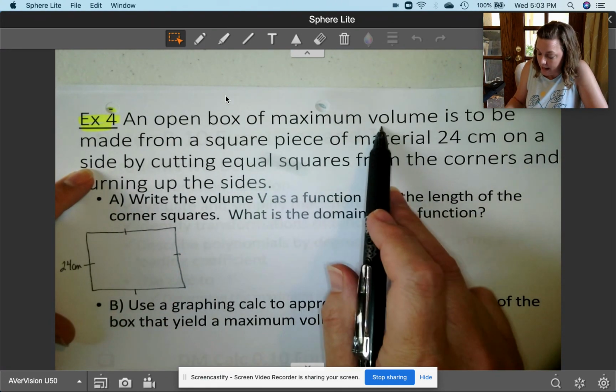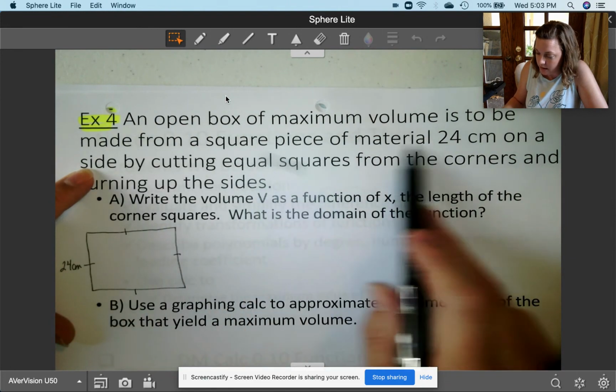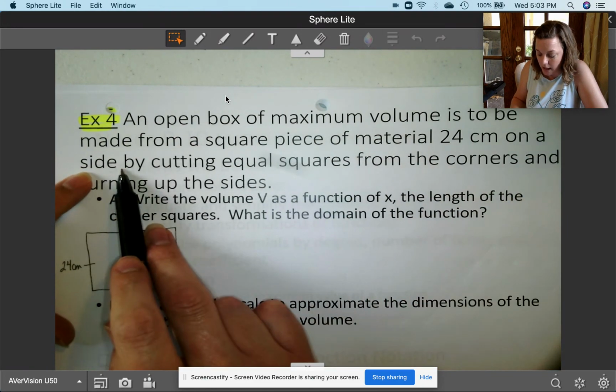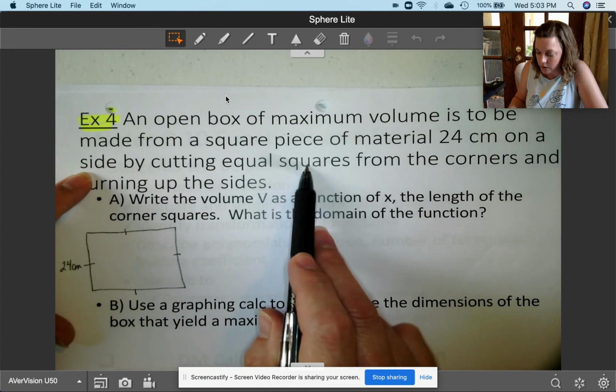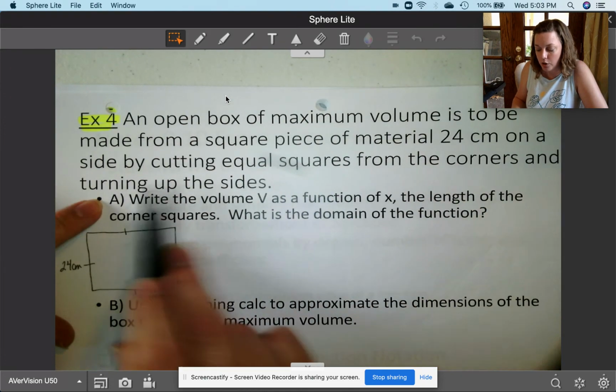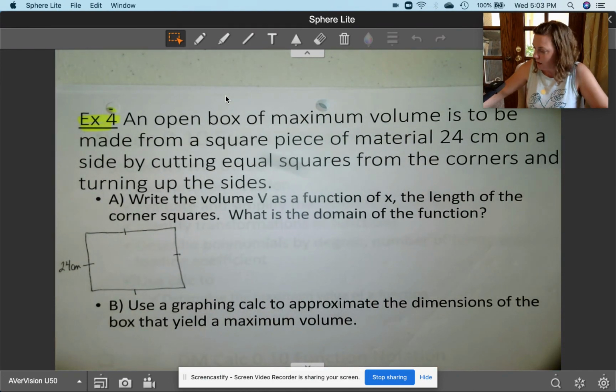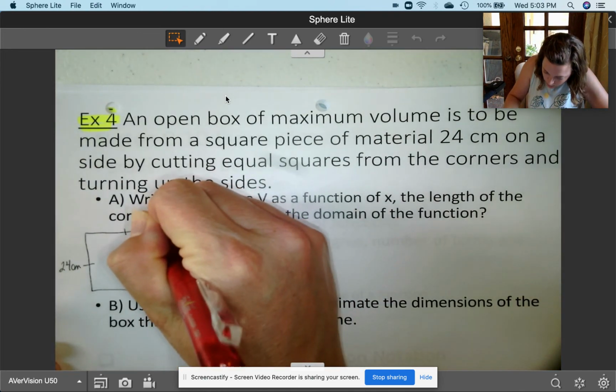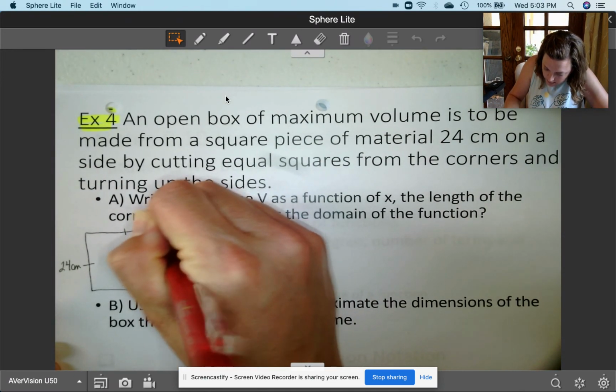Open box, a maximum volume is to be made from a square piece of material 24 centimeters on a side by cutting equal squares from the corners and turning up the sides. So they're going to cut out equal little squares here, these little guys.